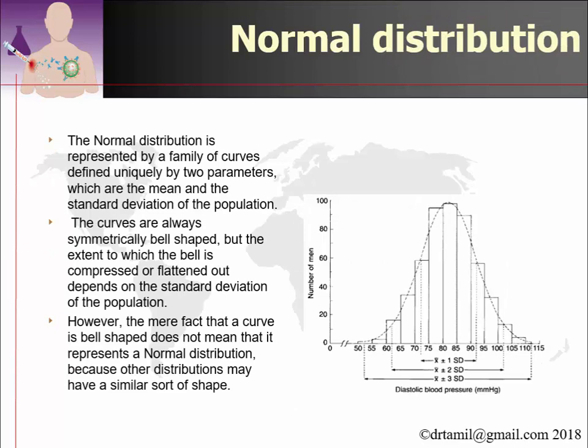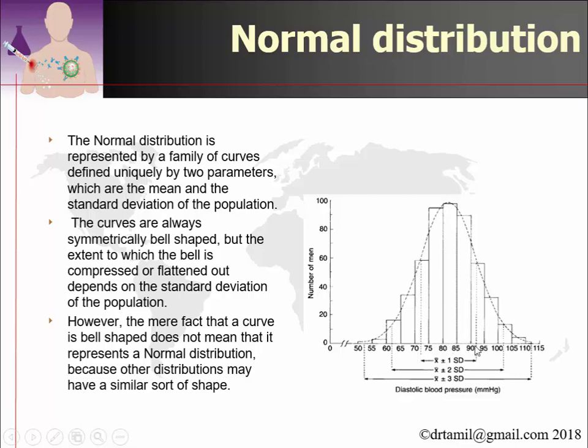So what do we mean by normal distribution? Normal distribution is represented by a family of curves defined uniquely by two parameters, which are the mean and standard deviation. If you have the mean and standard deviation, you can get the distribution. You can see here in the middle, that is the mean value.